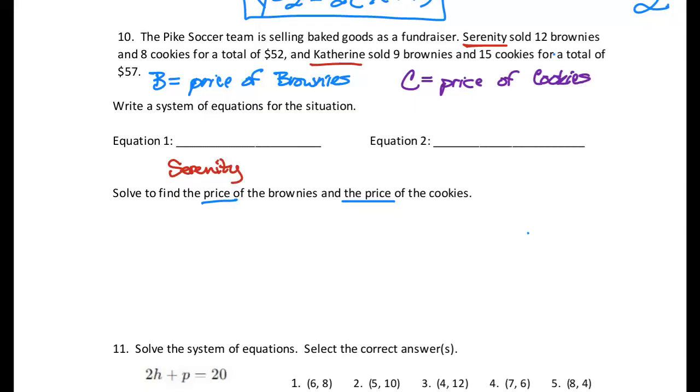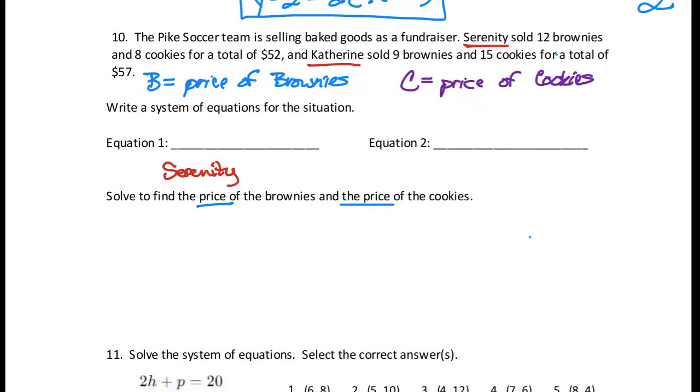Dwayne, how about you for Serenity? I need an equation for Serenity. She sold 12 brownies. Do we know how much the brownies cost?